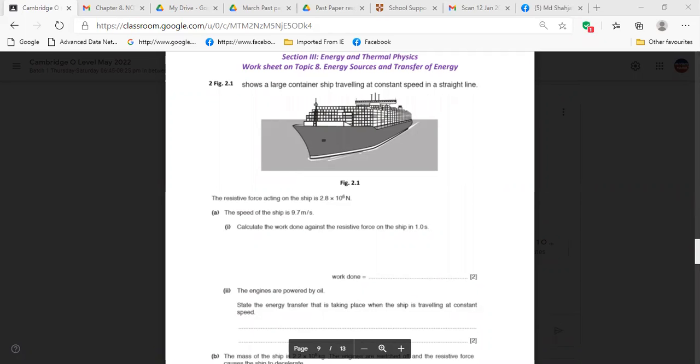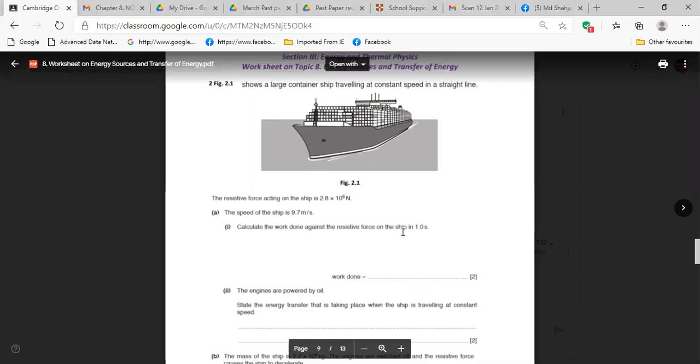Any idea you have? So how can you find from this information the distance moved? Sir, 9.7 meter per second. Yeah, 9.7 meter per second.